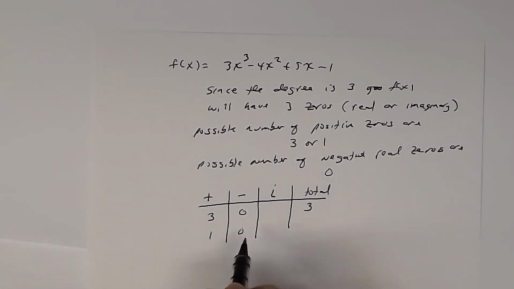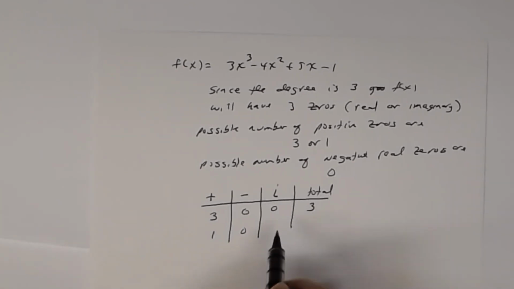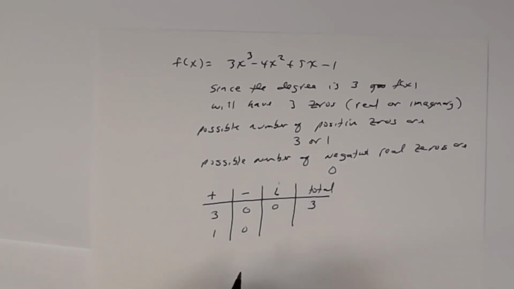Okay? So remember, I have 3, right? So there are 3 positive zeros. If there are 3 positive real zeros, then you've reached your total. So that means I cannot have any imaginary zeros. Okay? Now remember, I can have 3 or 1. But what if I have just one positive zero?